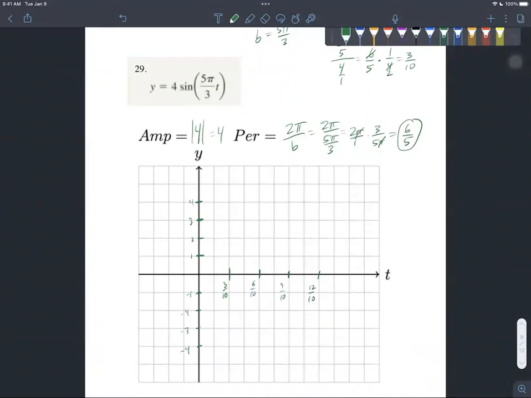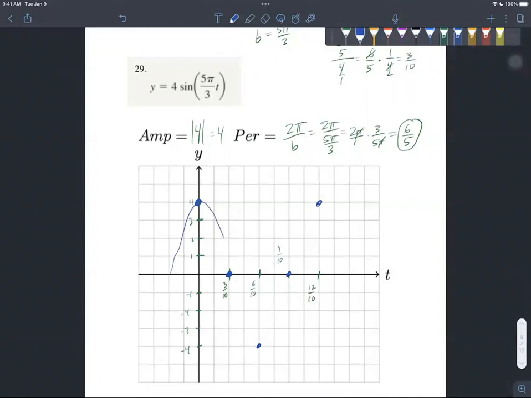So the most important points here are these special points: the maximum, the 0, the minimum, the 0, and a maximum to complete the cycle. Just bump that up there. And here we go. It's going to look something like this.